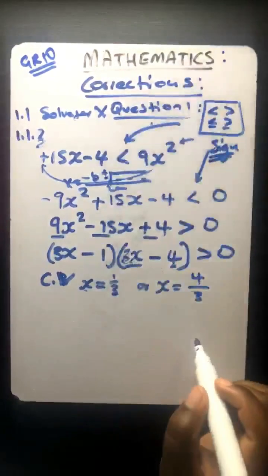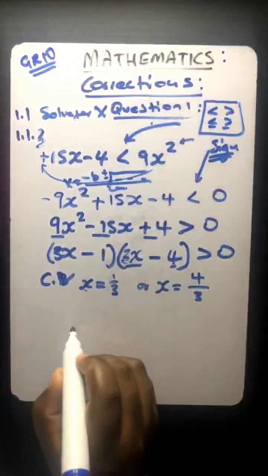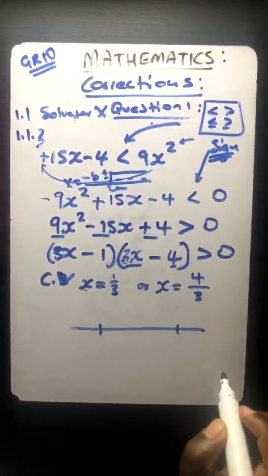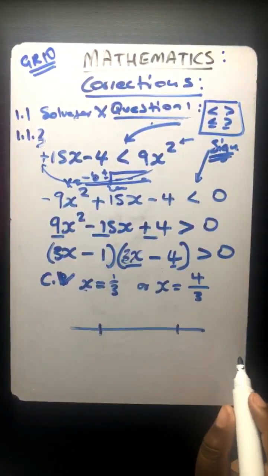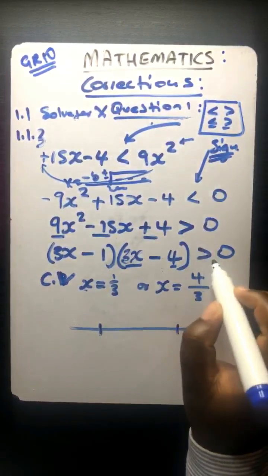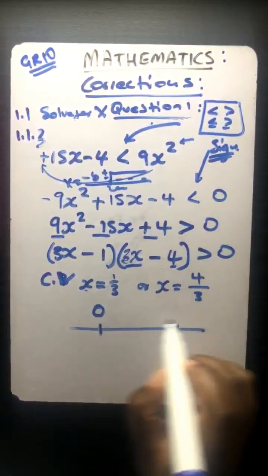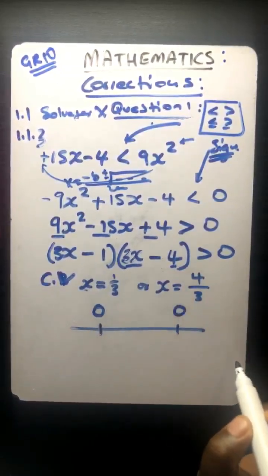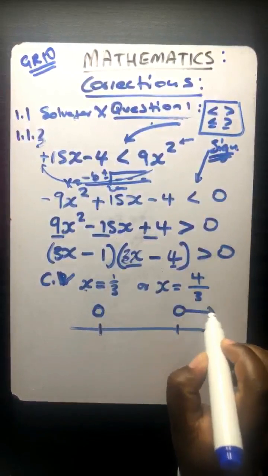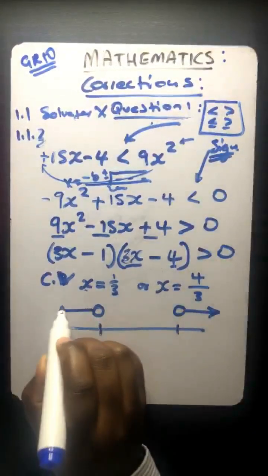So let's see. Why do you need the critical values? You need to represent them on a number line. Remember, I said if it's just less than or just greater than, it is the unshaded 0 or an empty 0. And I said if it's greater than, you will have arrows pointing towards the outside.